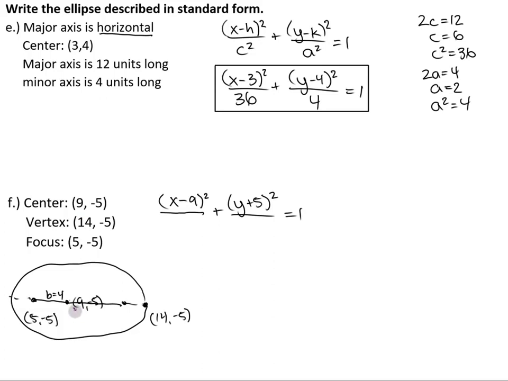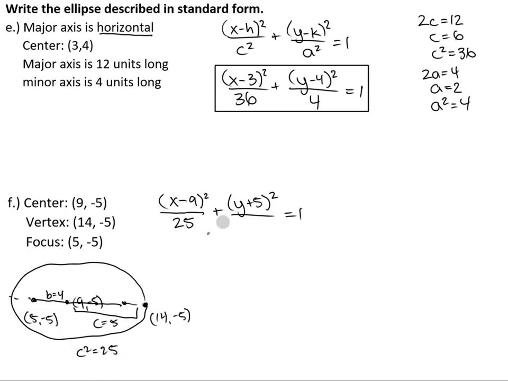And remember that that length also represented c. So since that distance from the center to the vertex is 5 units, we know c is 5. And because I'm pretty sure now that it is horizontal, c squared, 5 squared, or 25, would go underneath.